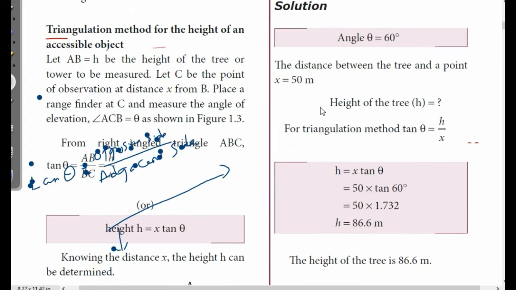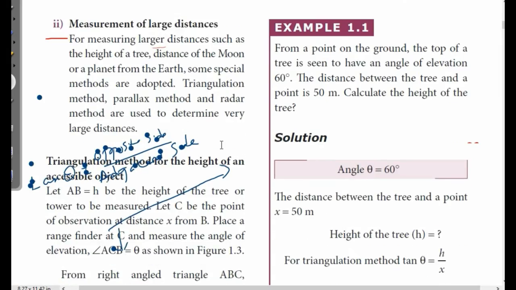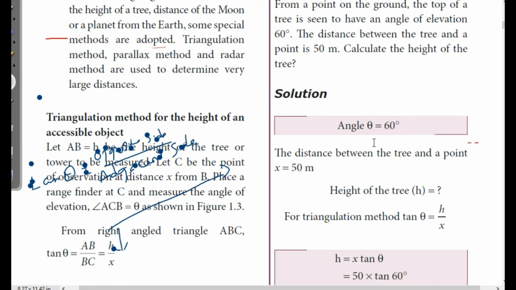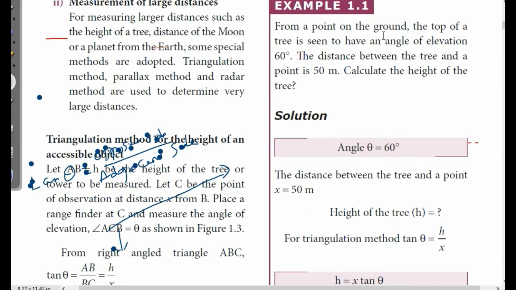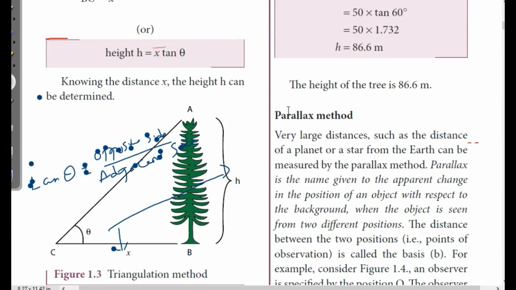They have given a small problem. Suppose from a point on the ground, the top of the tree is seen to have an angle of elevation of 60 degrees. The distance between the tree and the point is 50 meters. So for this problem the distance is 50 meters and the angle is 60 degrees.